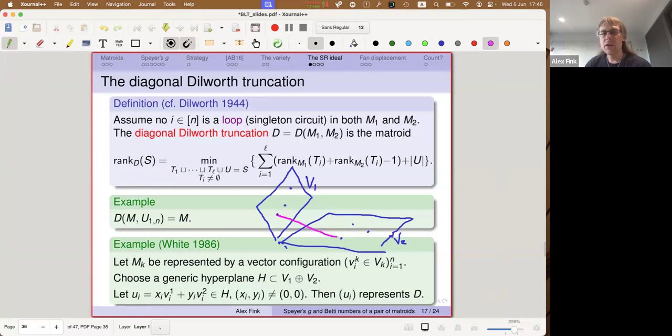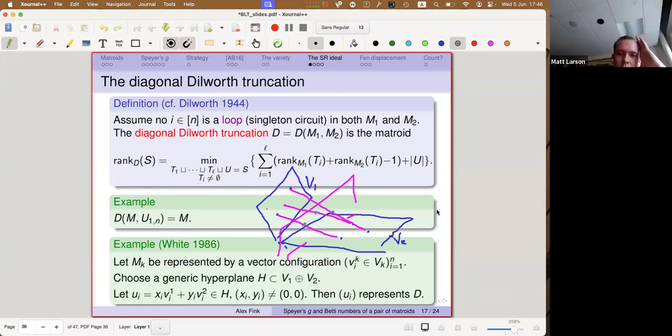I take the joins, the lines between the point representing the matroid on one side and the point representing the matroid on the other side. And then I take a generic hyperplane section in the direct sum. The generic hyperplane section cuts my lines back down to points. So now I have a point configuration in this hyperplane section. And that is the representation of this D, the diagonal Dilworth truncation.